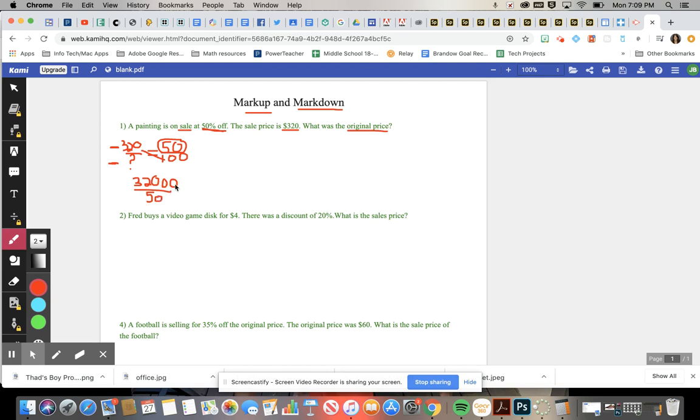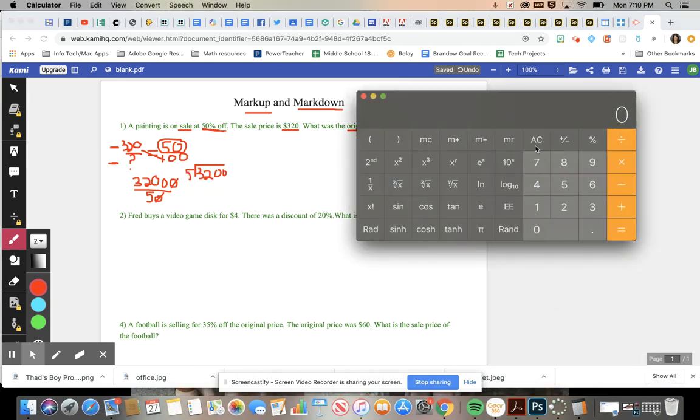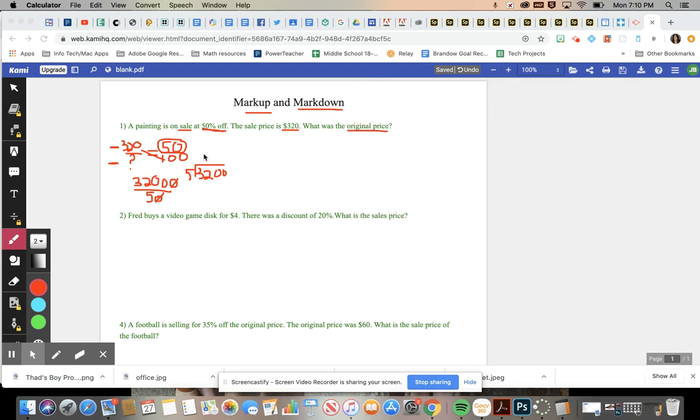And I can see nicely when I'm dividing here, I have a 0 on the top and bottom I can cross out. So basically this is 3,200 divided by 5. So I'll do that on my calculator. 3,200 divided by 5 equals $640.